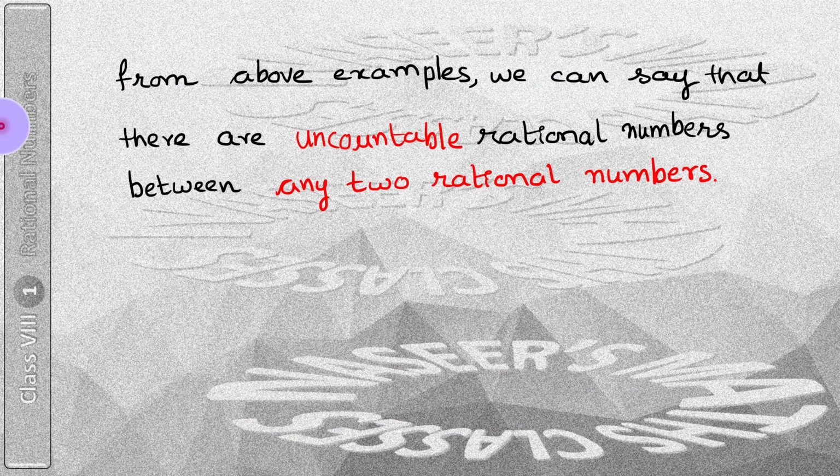So from all these examples we can say that there are uncountable rational numbers between any two rational numbers. This property is also called the density property, meaning we can have uncountably many rational numbers between two given rational numbers.